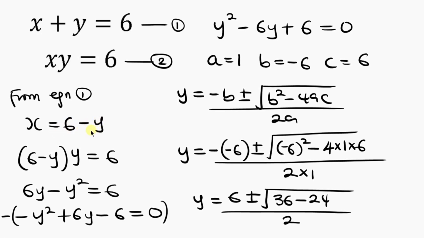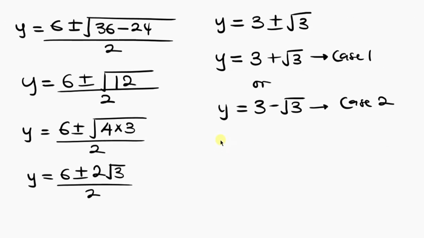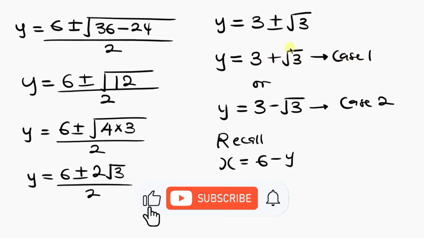So this is what we're going to use to get our x. So now let's recall that x is equal to 6 minus y. If we're using the one for case 1, wherever I see y, I'm going to be putting this value. So I get x, right?